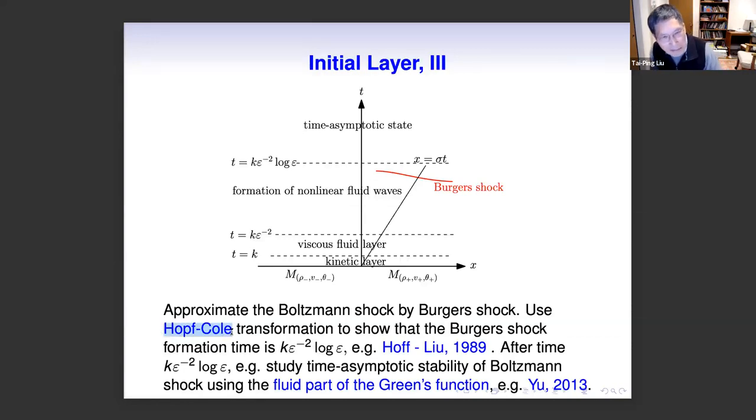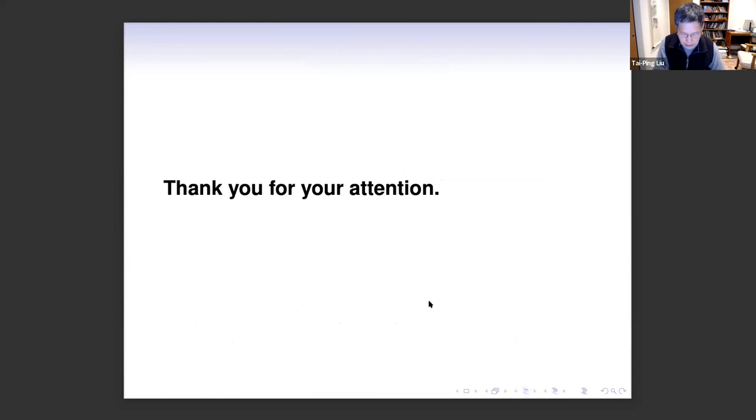So in some sense, we are just trying to use whatever there is available. Okay, anyway, after this one, then one began to say that the solution will go to the real Boltzmann shock. And that there's a paper by Yu, oh, sorry.